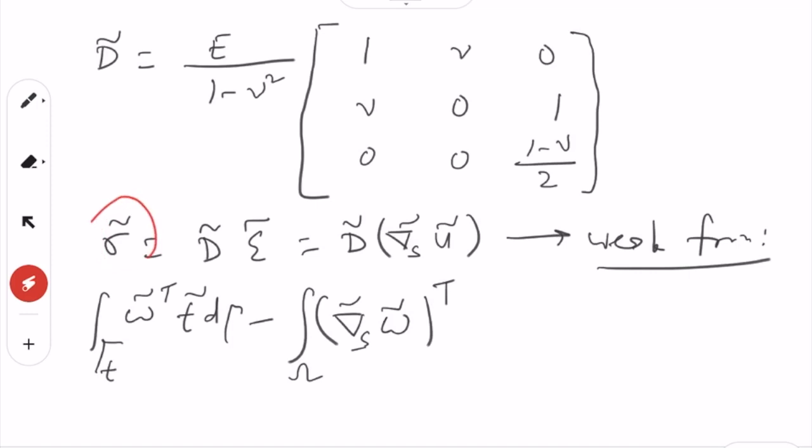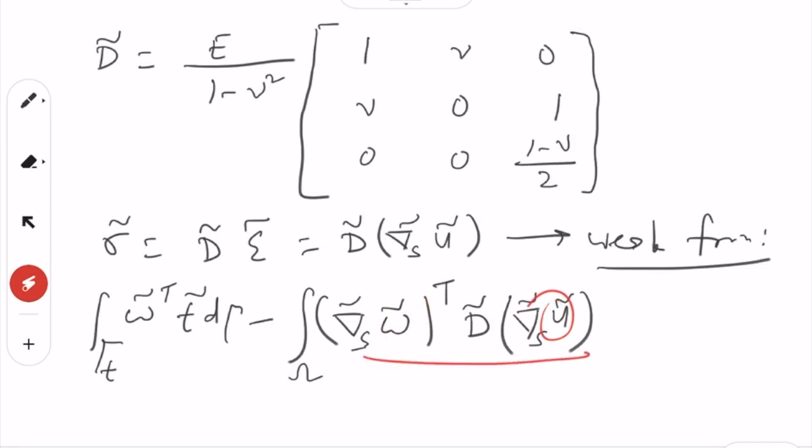Now sigma we can write as D tilde epsilon, and even better we can write like this one. Now this has the U term now. So we will have D tilde and then del S U tilde. Now it makes sense because you see here this had del S W, here you have del S U. So W and U both appear inside it. So that is good.